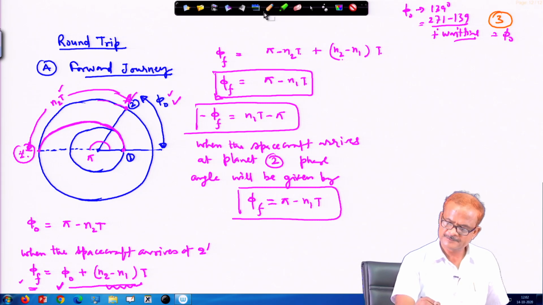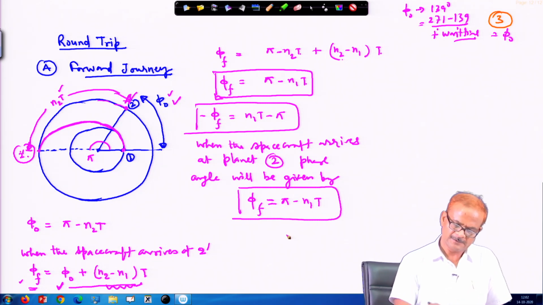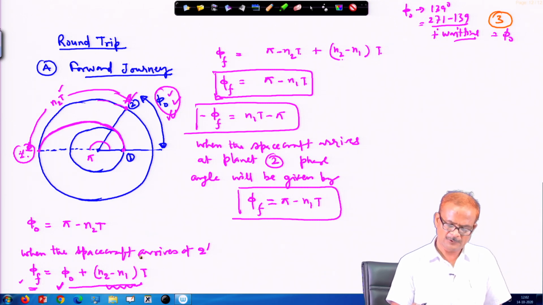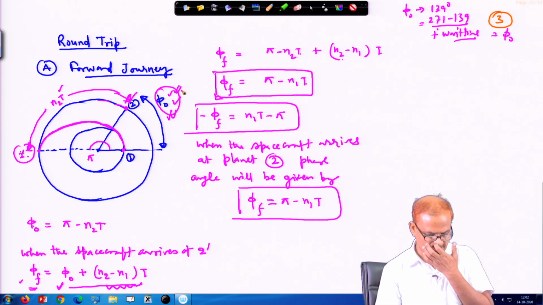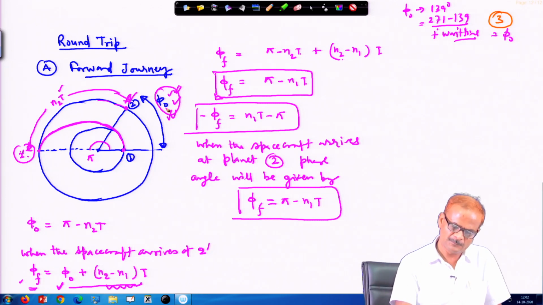Now, during the return journey, so this is for the forward journey. Remember that here your wait time is included in this. Wait time or initial any offset of 1 with respect to 2, everything is included in this phi 0, which we are calling as the initial phase difference. Do not mistake this with the previous problem. Here we have combined both of them.